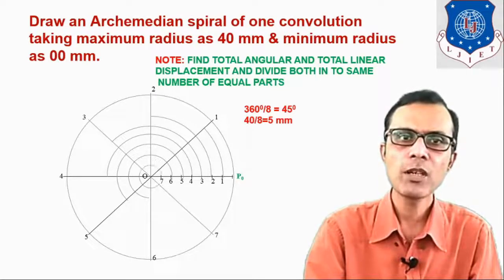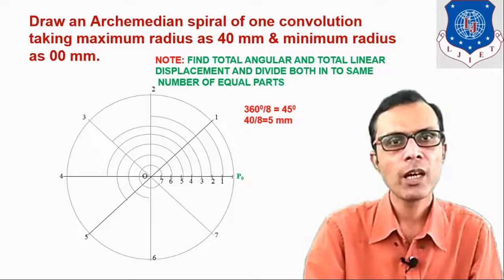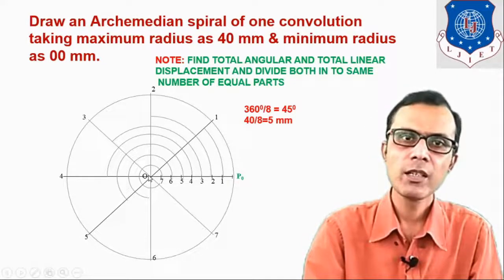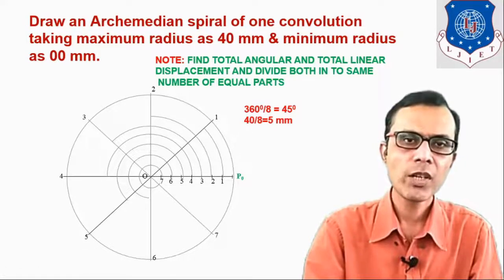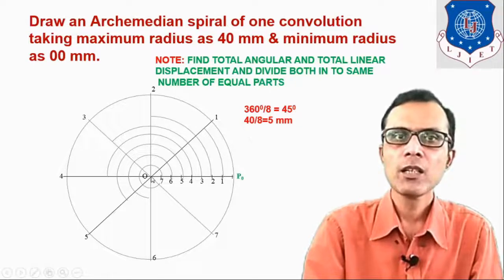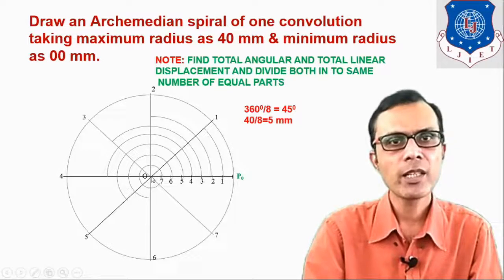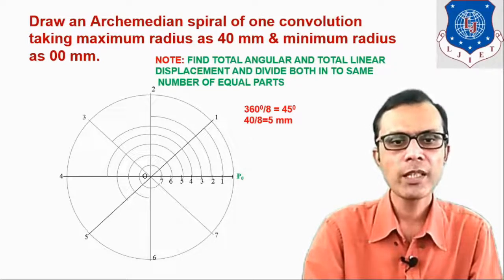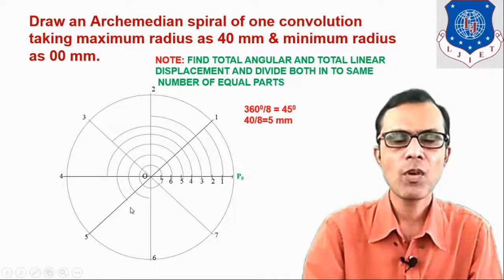And then O7 compass size, and we have to draw the arc. Final destination is point O. When link is completing one rotation, the point P is reaching the final destination point, that is center point or pole O. So these are the different positions which we obtained.